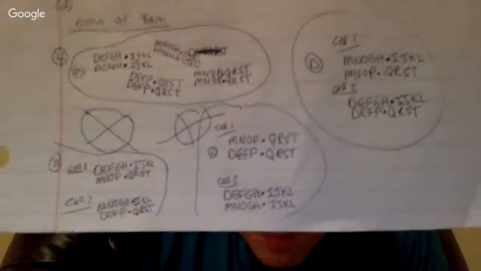For number 4, it was really just doing some synapse mapping or synapse diagramming. And so mine's not as pretty as Clark's, but there's my number 4.